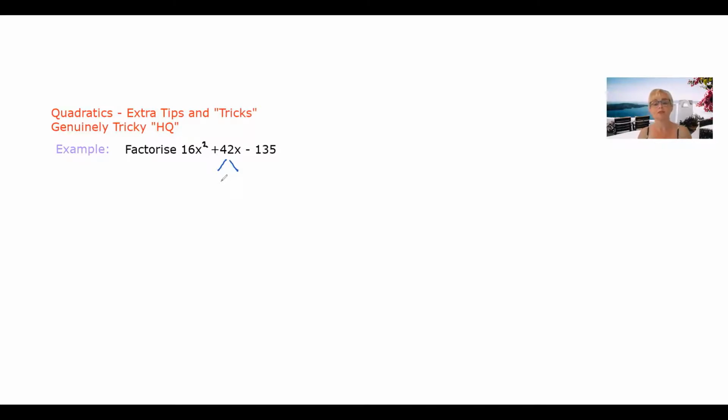I've reminded you that a monic quadratic in y has the general formula y squared minus the sum times y plus the product equals 0.